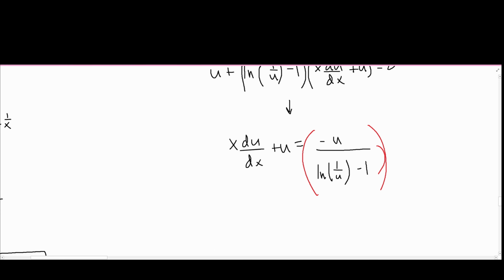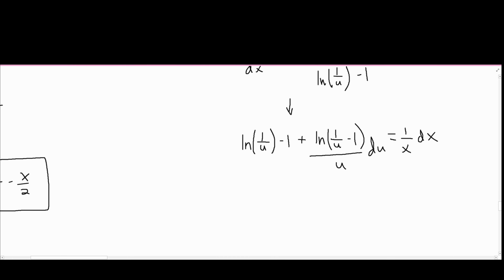So if this is flipped upside down, it cancels out on this side and goes on this side, since they're all u's. And then multiply everything by d of x over x, so we can get that on the right side. So this is what you get: ln 1 over u minus 1 plus ln 1 over u minus 1 over u du is equal to 1 over x d of x. Now, we can take the integral of both sides using step 3, which is to solve the separable equation.